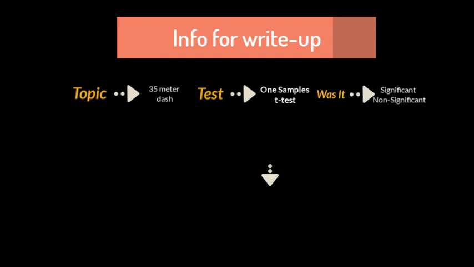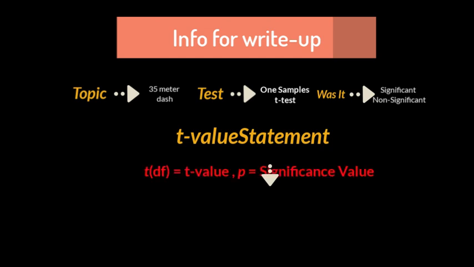And then you need to understand the t-value statement. The t-value statement is t, in parentheses the DF, equals the t-value, comma, p equals the significance value, or the p-value.